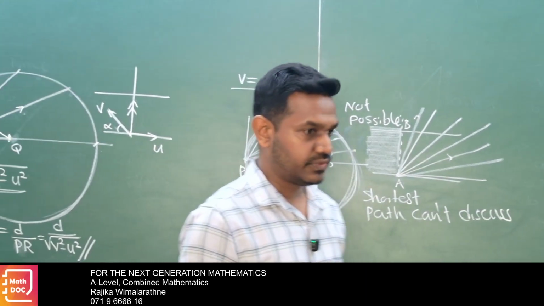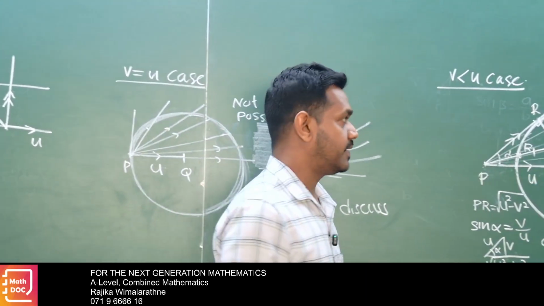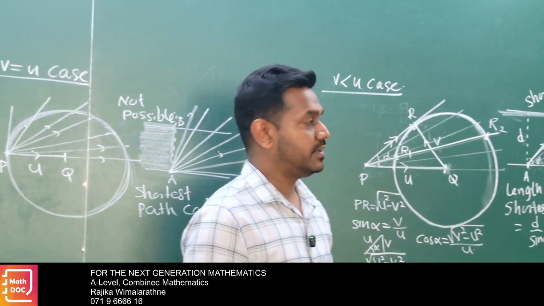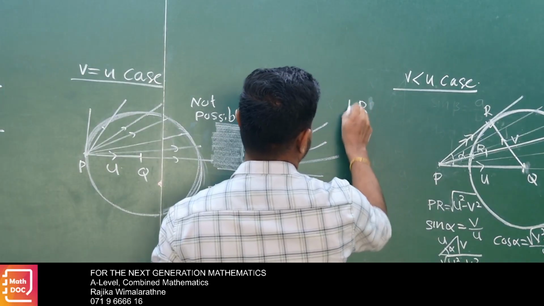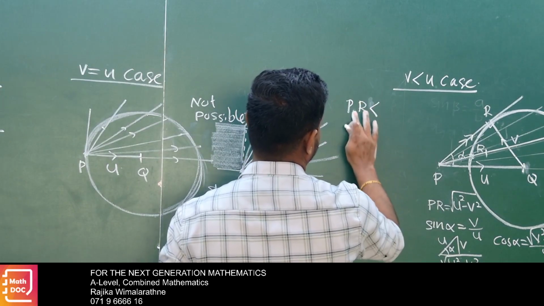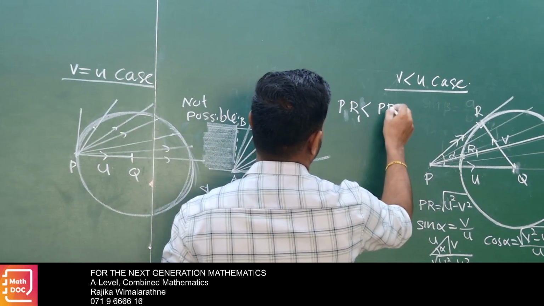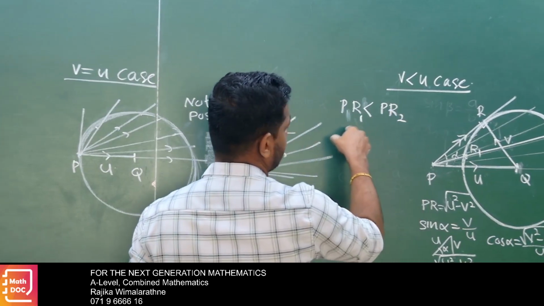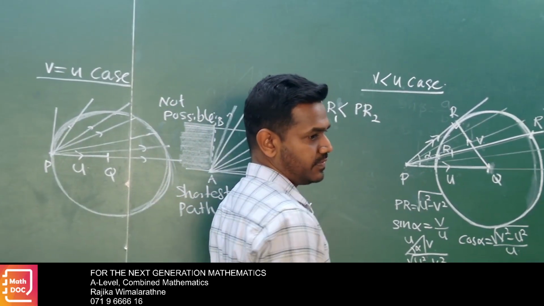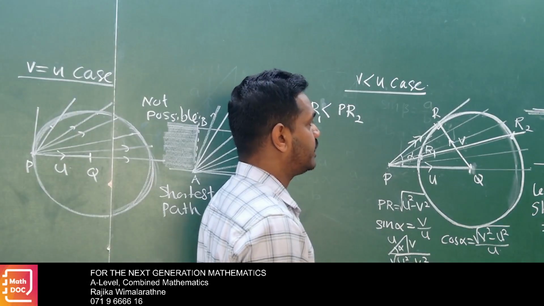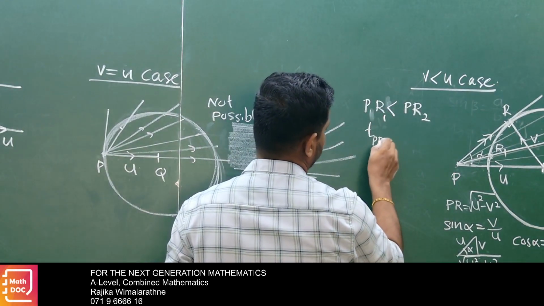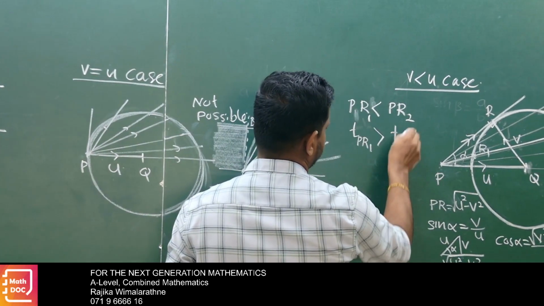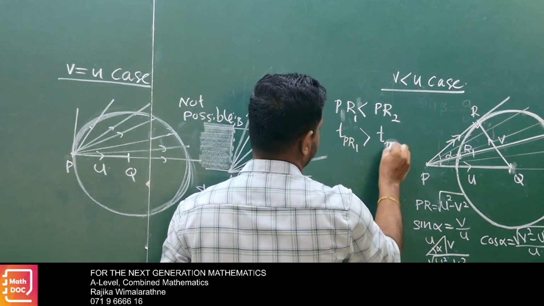Since PR1 is less than PR2, then TPR1 is greater than TPR2.